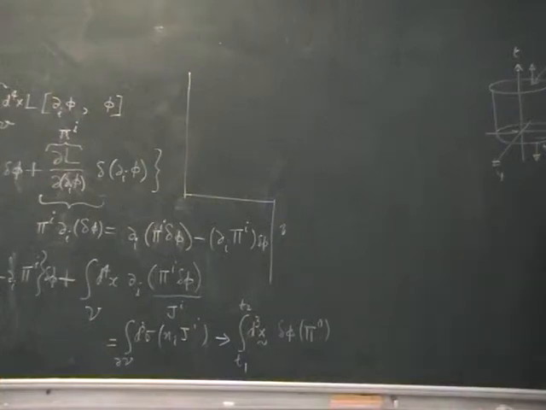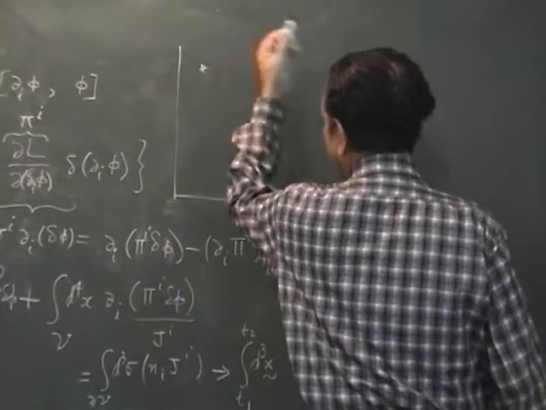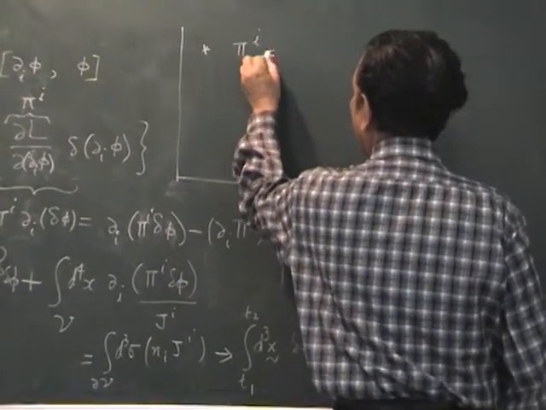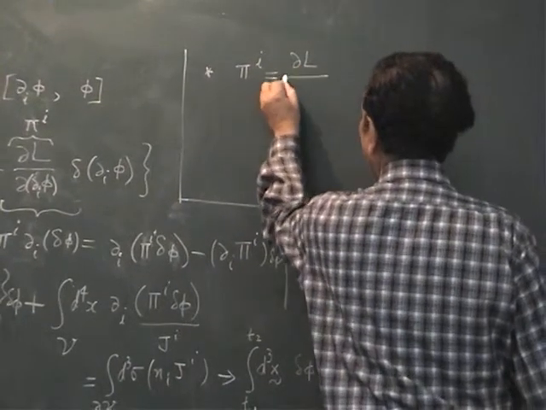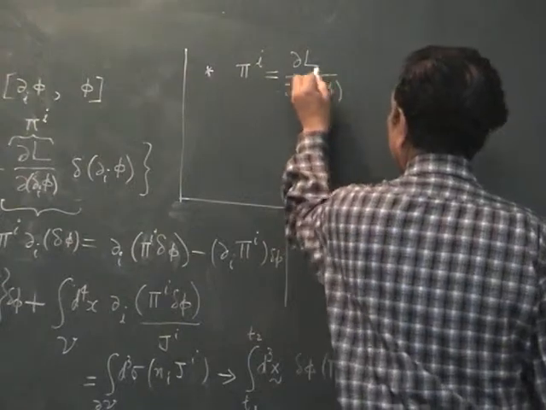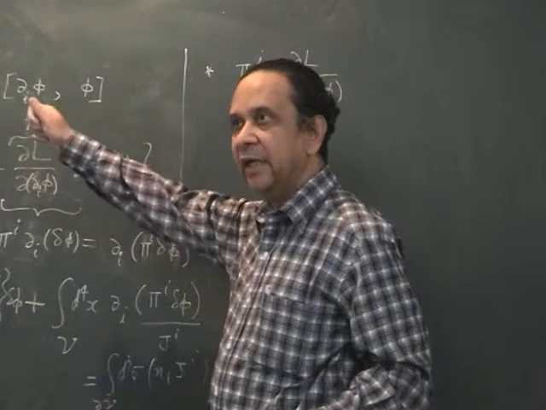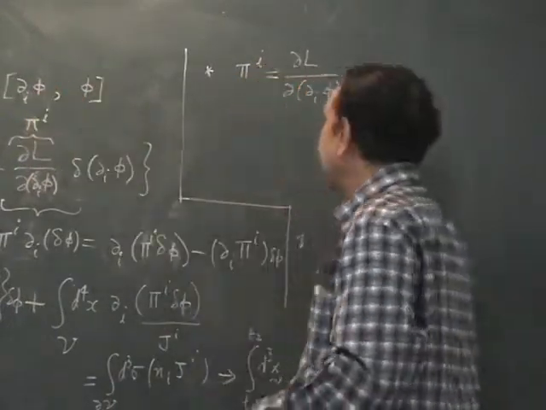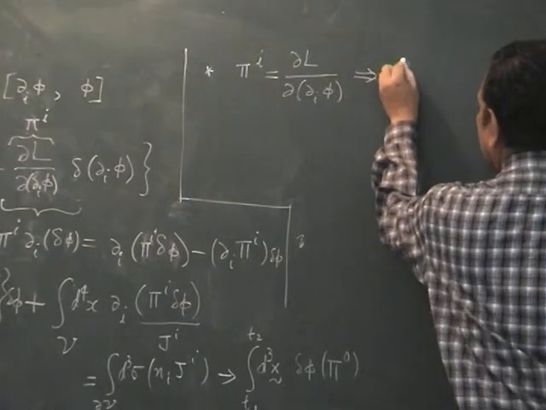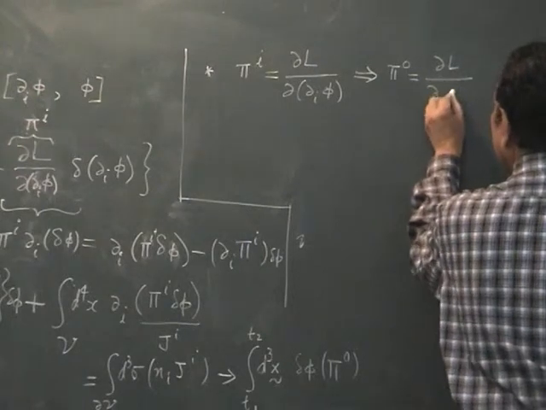Now pi 0 is a nice quantity. Because we originally defined here, just as I wiped it out, just as you originally defined your standard momenta in classical mechanics, you now have di of phi. This is the definition which we used here. Generalizing P equals dl by dq dot. If I look at pi 0, it is actually your old friend dl by d phi dot.